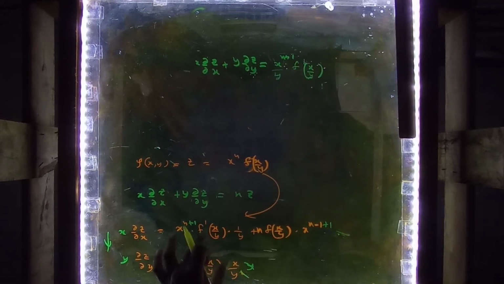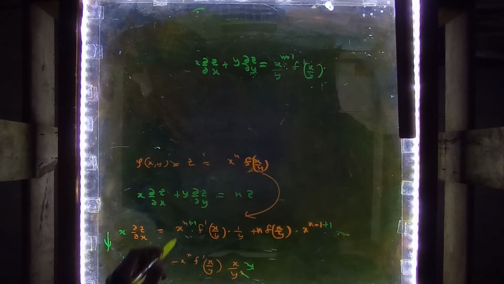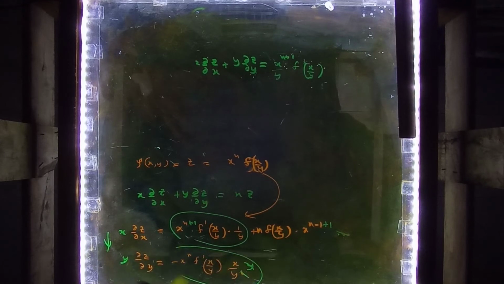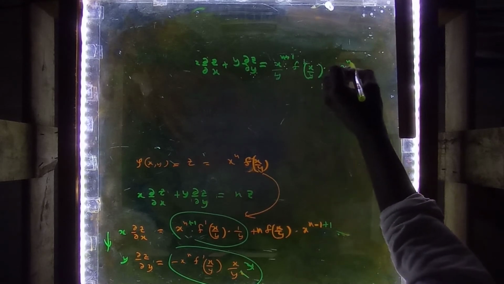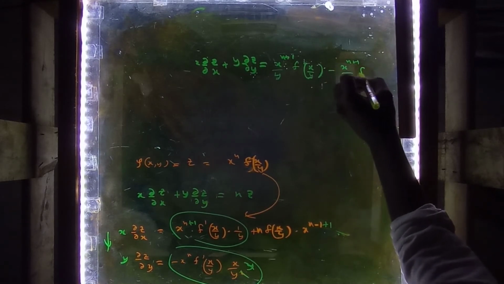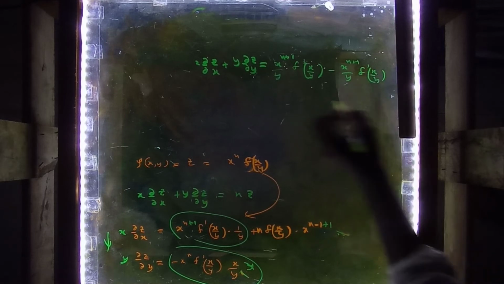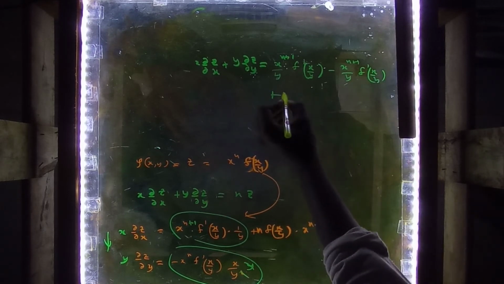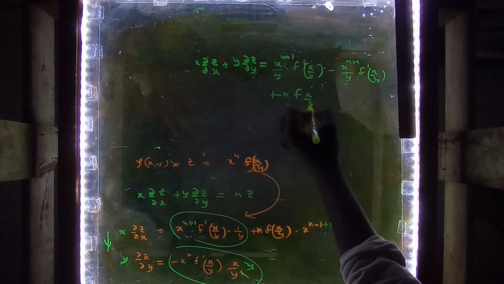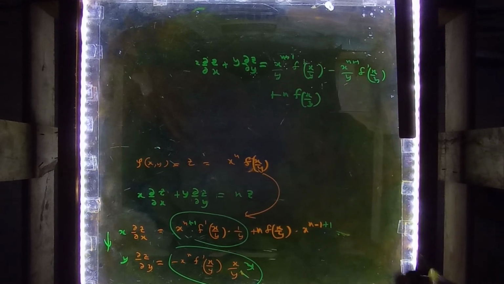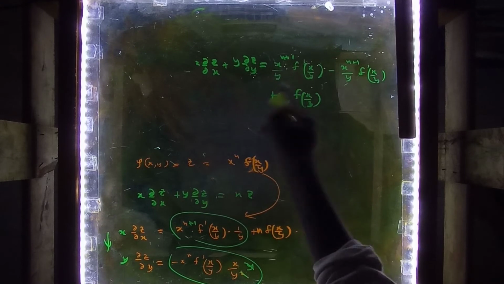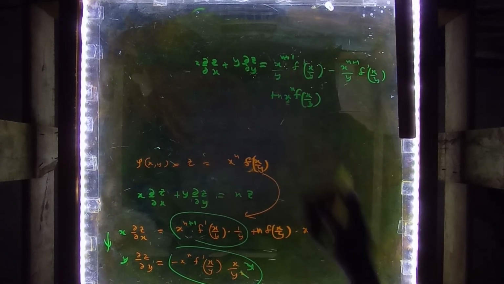These two terms will cancel out because they are equal and opposite, right? Then minus x to the power n plus 1 upon y times f prime of x upon y, plus n times f of x upon y times x to the power n.